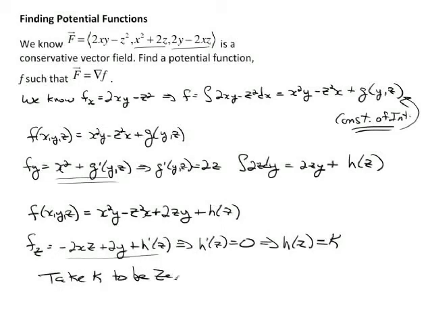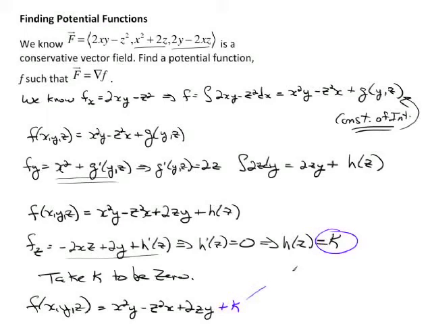And I'm going to simply take k to be 0. Because here, it really doesn't matter, because what I'm saying is that I now have my function f of x, y, z, which is going to be x squared y minus z squared x plus 2zy, and I'm going to just toss on here, plus this constant k.